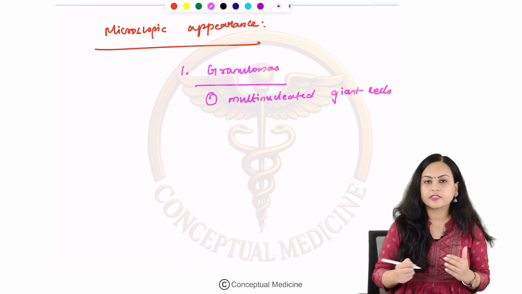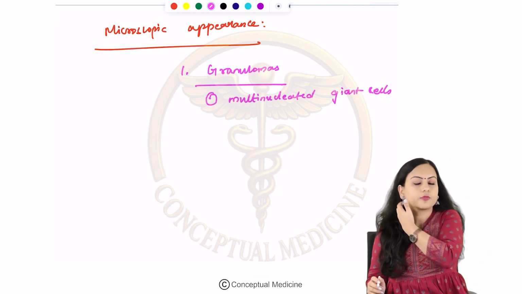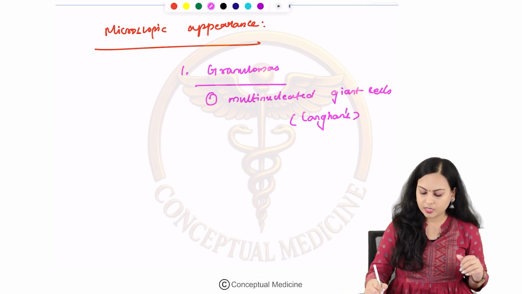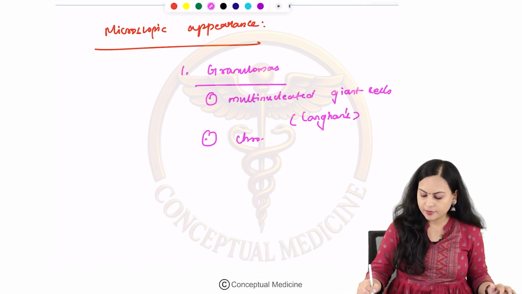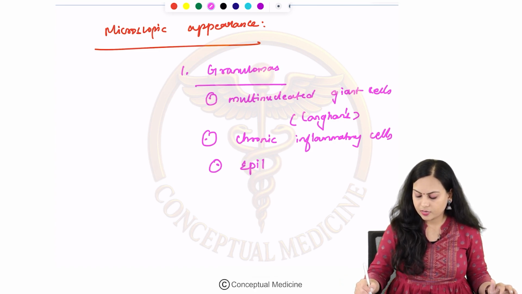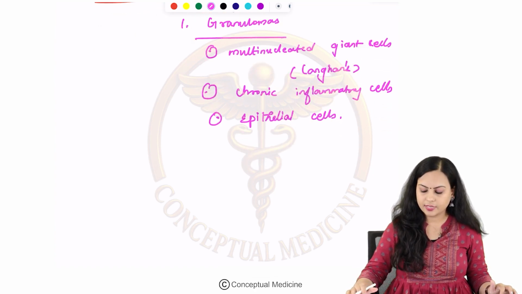So, what are the multinucleated giant cells that are seen in tuberculosis? Langerhans cells, right? And then there can be chronic inflammatory cells or epithelial cells as well. Clear?